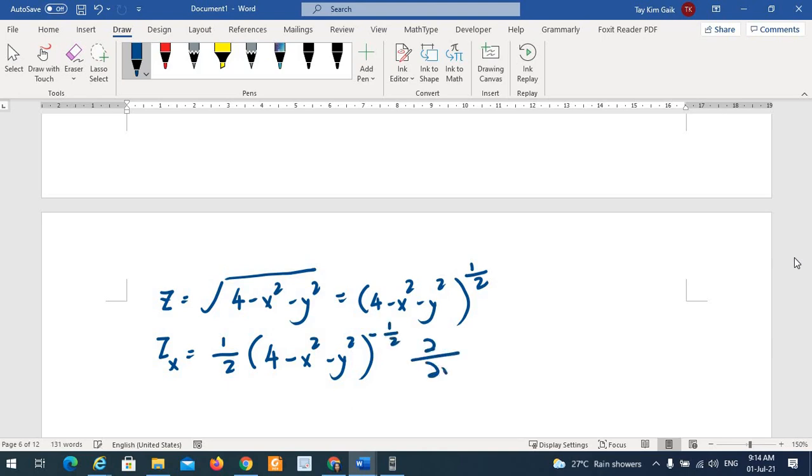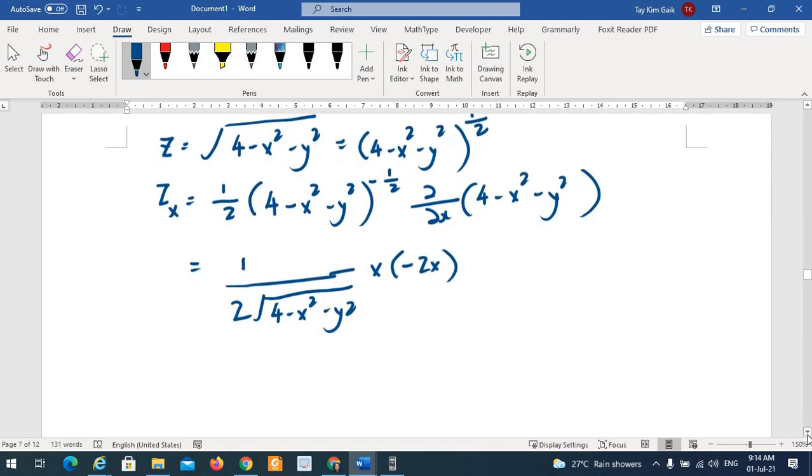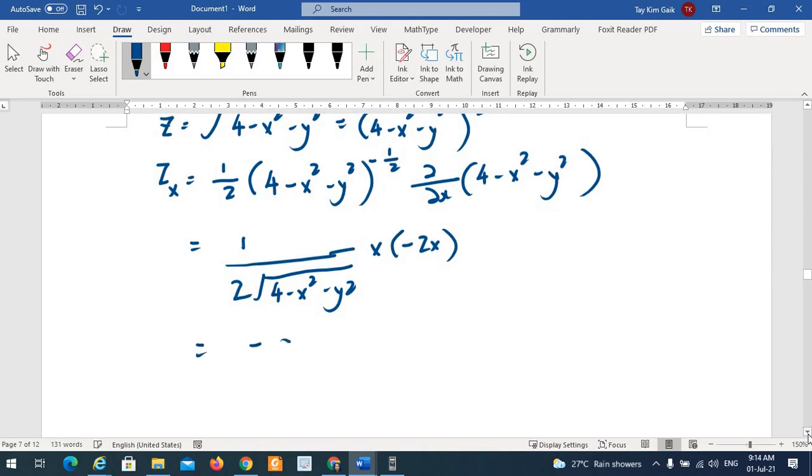And then you differentiate 4 minus x squared minus y squared with respect to x, you have negative 2x. The power negative half means it becomes a square root at the denominator. Simplify it, you will get negative x over square root of 4 minus x squared minus y squared.